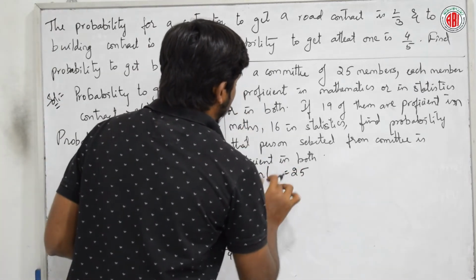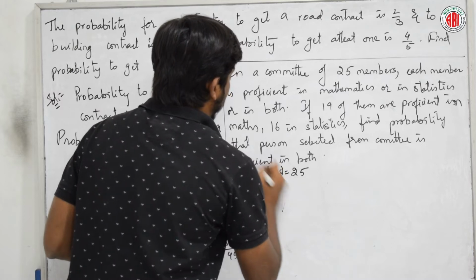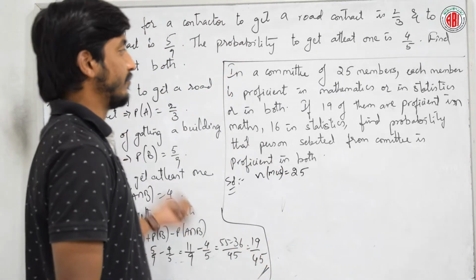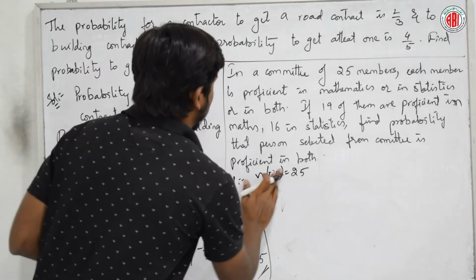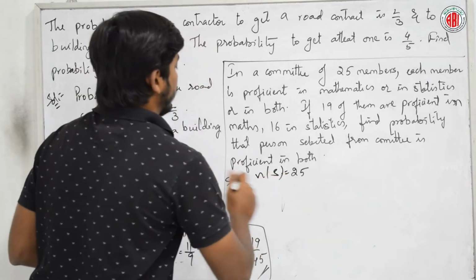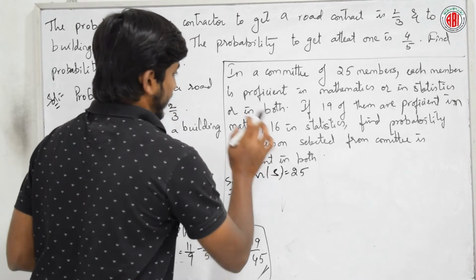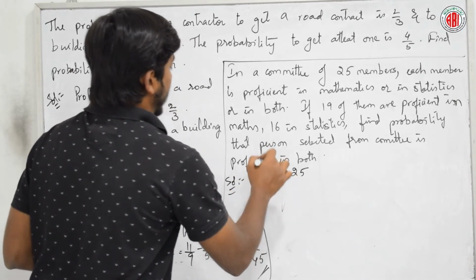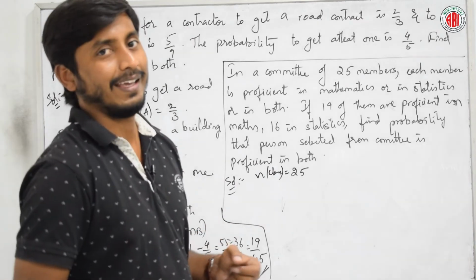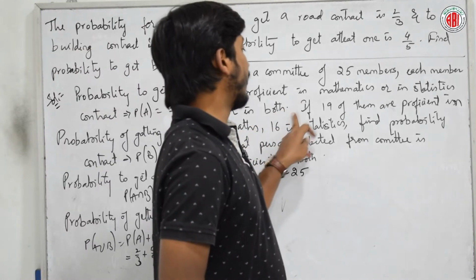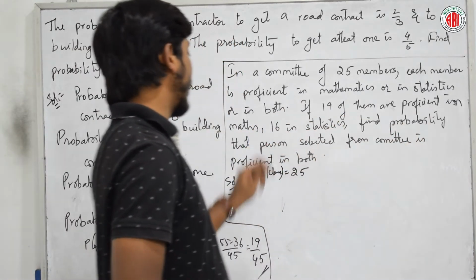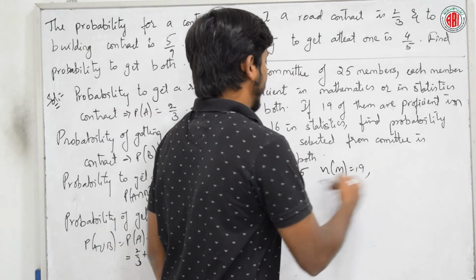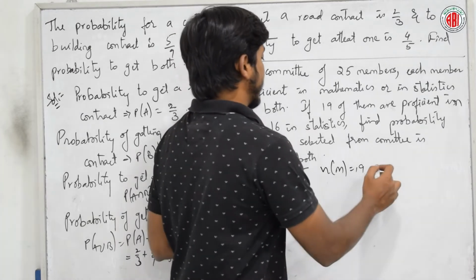Let me write it as M union S. Or else let me write it as total number only, sample space. Let me write it as total class. Next. If 19 of them are proficient in maths, there are only 19 people, and 16 in stats.